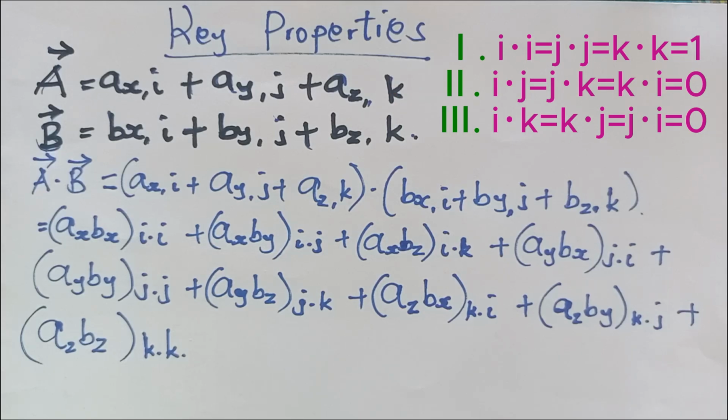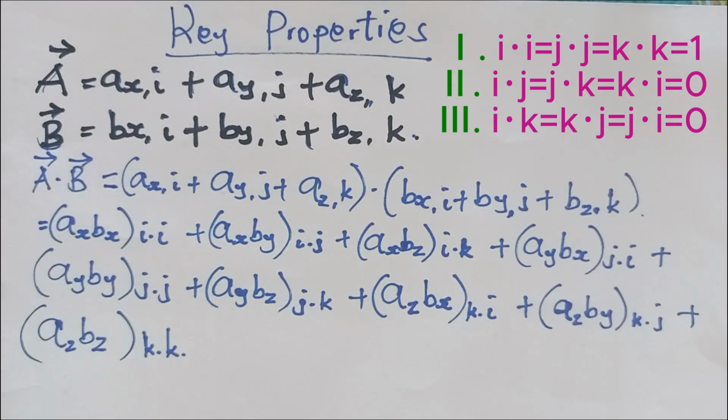And the third property is the reverse of the second property, which states that I times K is equal to K times J is equal to J times I, as it also equals 0. This property plays a key role in the multiplication of the dot product.